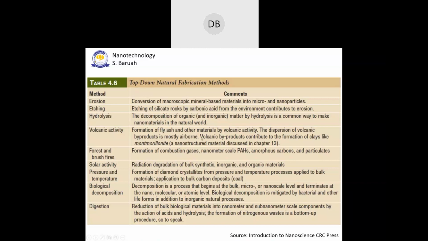So whatever particles are formed through natural volcanic activity, they remain suspended in the air because they're thrown up with a high force into the atmosphere. Okay, so volcanic byproducts contribute to the formation of clays like Montmorillonite. That's an example. Okay, it's a nanostructured material.